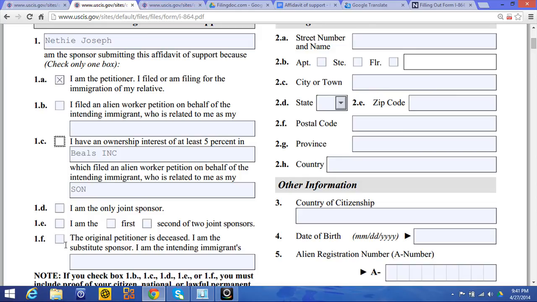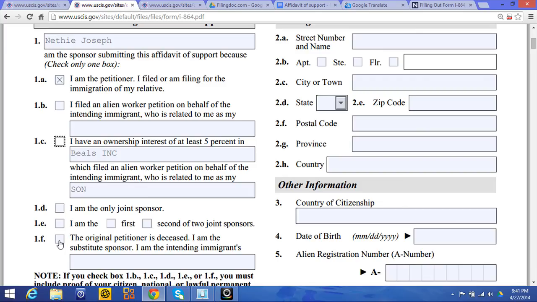Now 1F. You will click on 1F if you are a substitute sponsor. We use a substitute sponsor when the petitioner dies after the form I-130 has been approved. That means a family member can take the place of this petitioner.